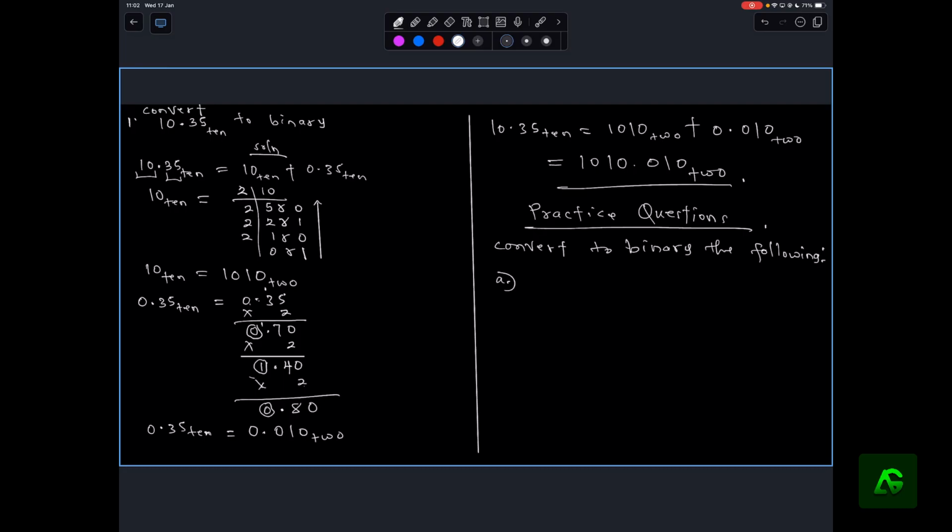The A part is 23.25 base 10. B is 123.75 base 10.